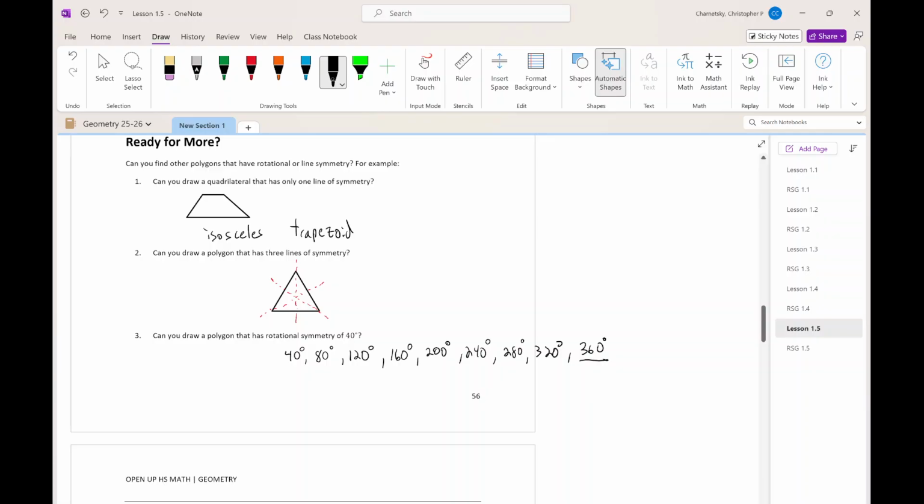So how many turns is that? That's 1, 2, 3, 4, 5, 6, 7, 8, 9. That is a 9-sided figure known as a nonagon.